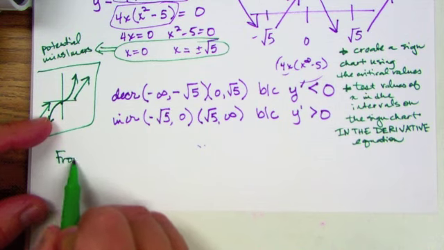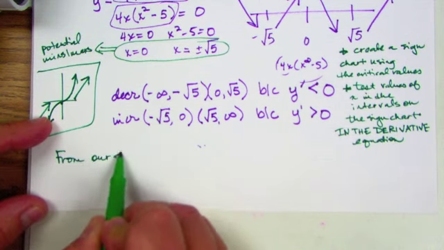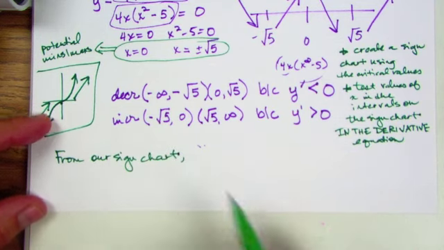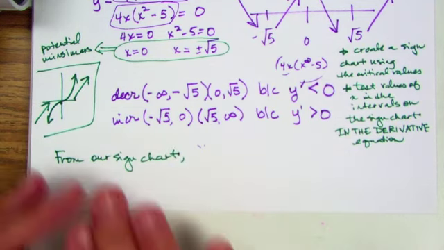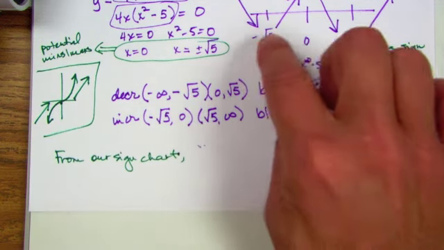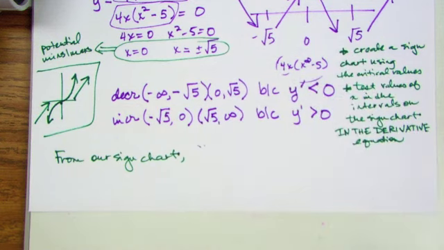Okay, so now from our sign chart. Is this all part of the answer? No, this isn't part of the answer. I'm still just summarizing. Actually, we're moving on to the next thing. From our sign chart, we can now determine what? Mins and maxes, right?